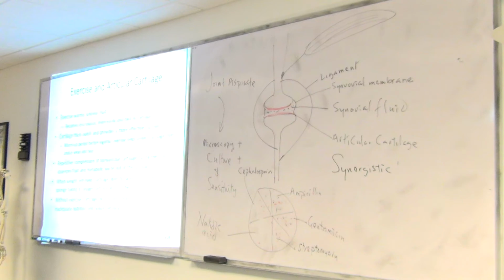Remember, the synovial fluid nourishes and helps to remove waste in the synovial joints. So when we really move the weight and all that, it helps the cartilage take in oxygen and nutrients. So exercise warms up synovial fluid, which makes it much more effective.